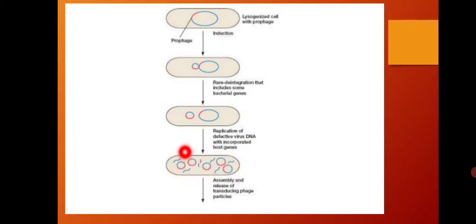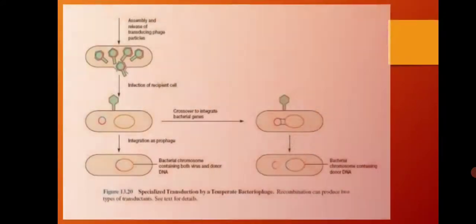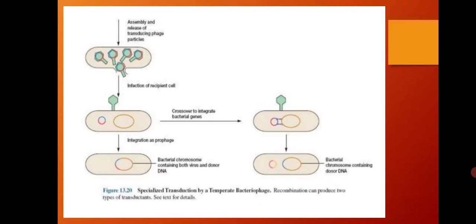This process is called replication, the replication of the viral DNA with incorporated host genes. Then assembly and release of the transducing phage particles occur, as in the lytic cycle, because this follows the lysogenic cycle but later undergoes the lytic cycle in specialized transduction.